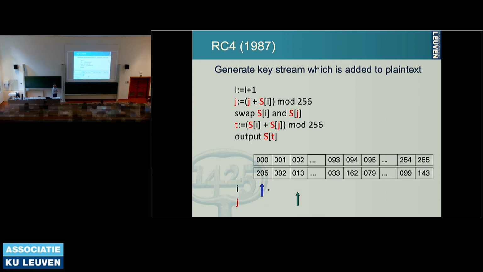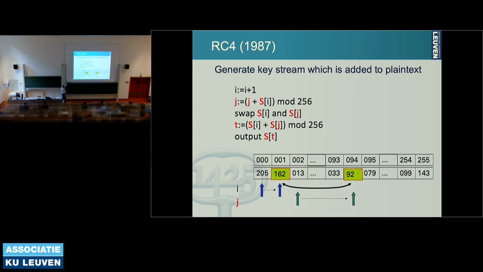Then the I pointer will be increased by 1. We look up the element, which is 92, so the j pointer is increased by 92. And then we swap.